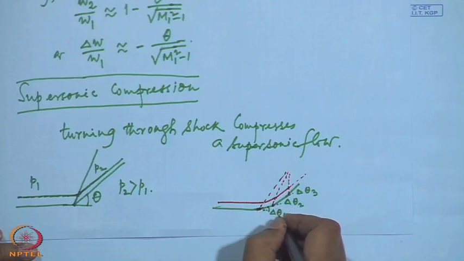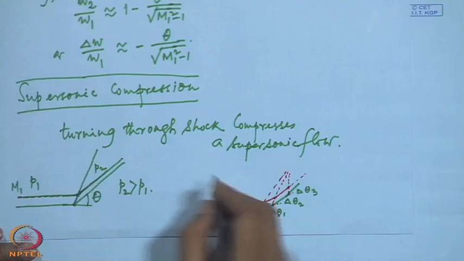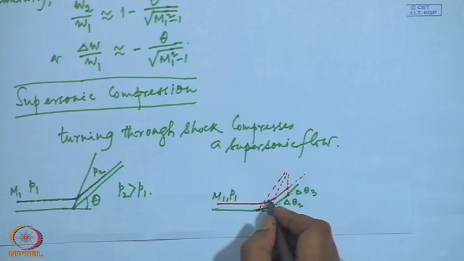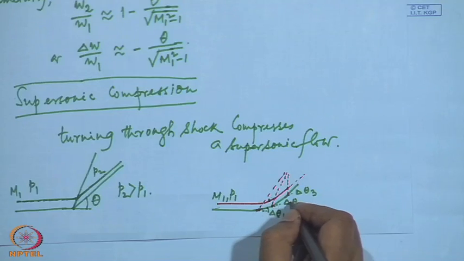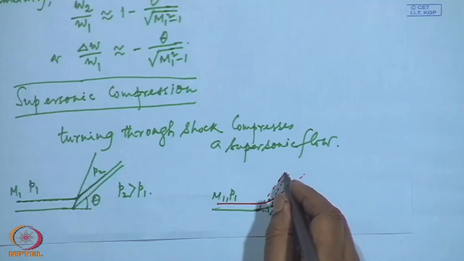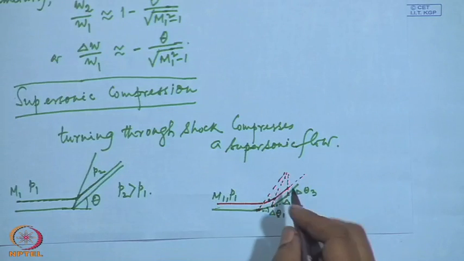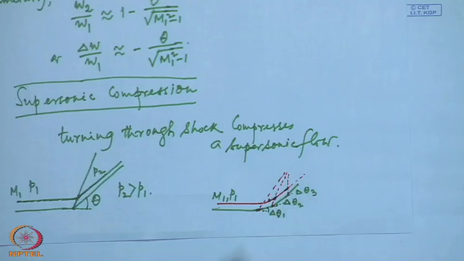Coming to this first corner, knowing the angle delta theta and m1 and p1 here, we can find out what will be the Mach number here and what will be the pressure here. Knowing the Mach number here and the flow turning angle here, again we can find out what will be the wave angle beta, and we can get this part of the flow, and so on. We can proceed and get the complete streamline.